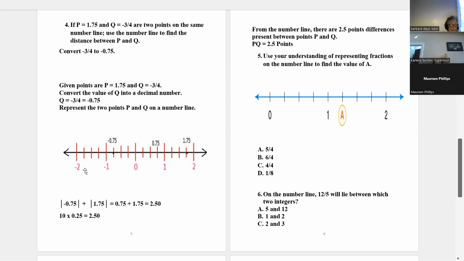So each time you're adding a fourth. 1/4 equals what as a decimal, Maureen? What's 1/4 equal to? 0.25. That's it.